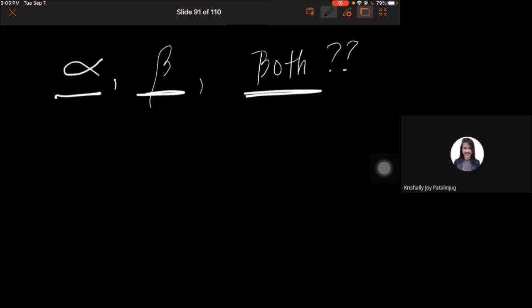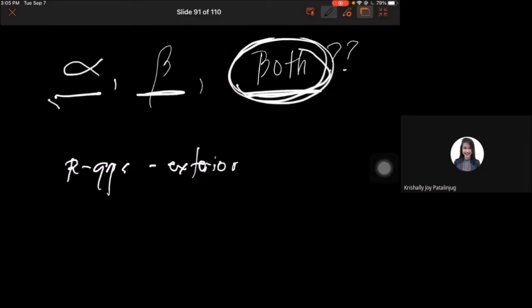Okay. What about R groups? R groups lies on the exterior. Tama. Both. Nasa exterior yung R group sa both alpha and beta.